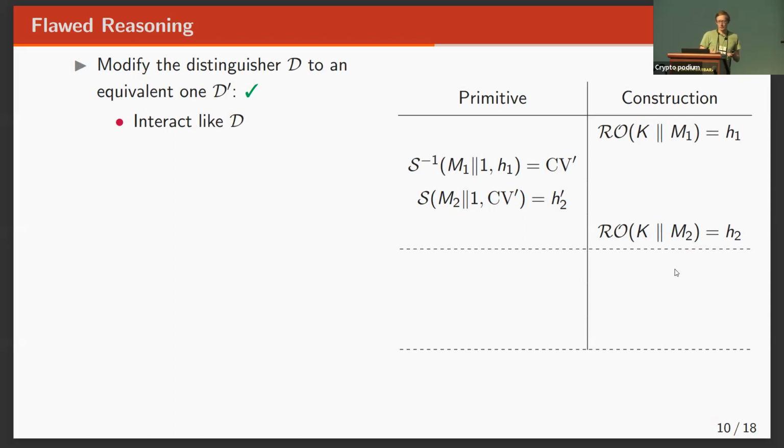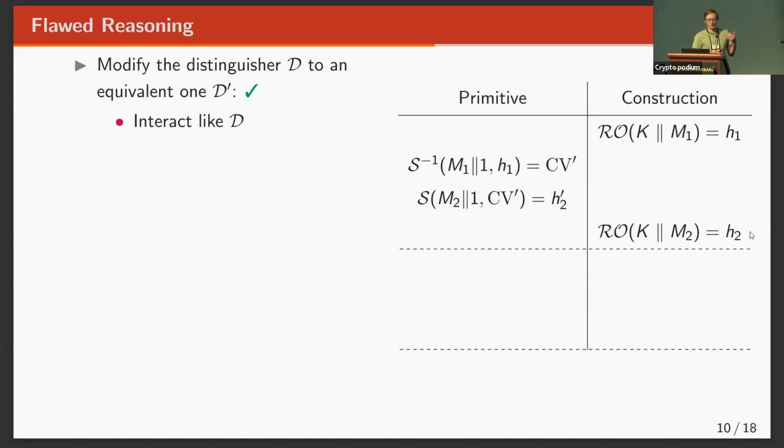More formally, it starts with a construction query to get the first tag H1. Then it made an inverse query on this H1 with our message to get a supposed chaining value CV prime. And then it made a forward query on this supposed chaining value with a different message to get a supposed new tag. And then we call the construction oracle again to check whether these correspond or not.